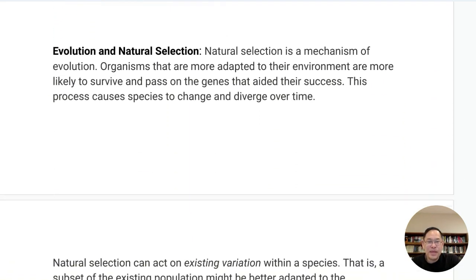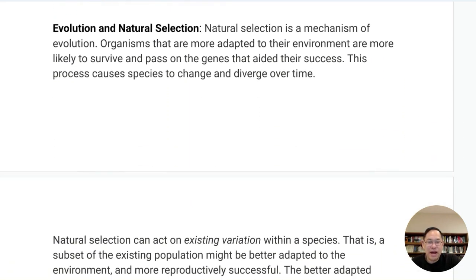Now, you might ask, how did complex living organisms originate on planet Earth, and how did they get to be so complex and specialized? And of course, that topic goes under the heading of evolution and natural selection. Natural selection is a mechanism by which evolution works.